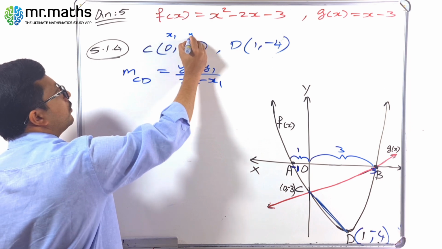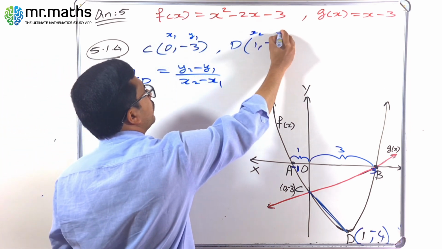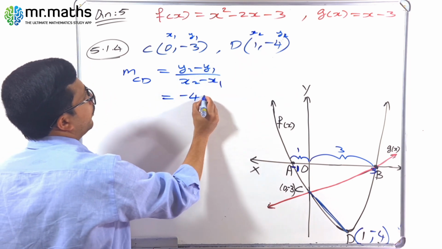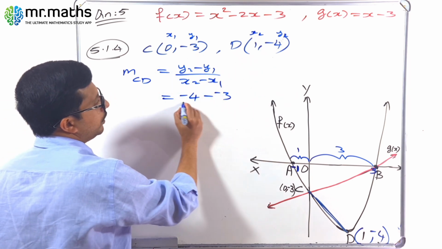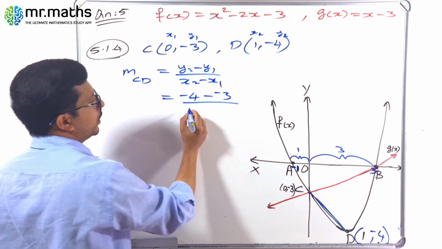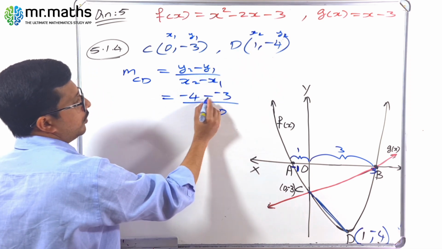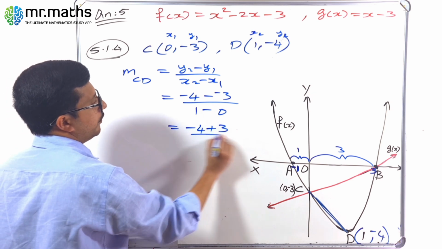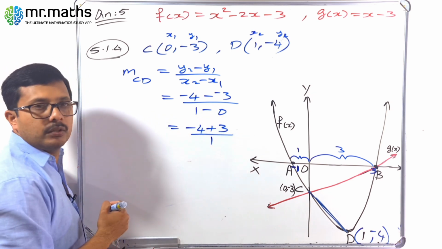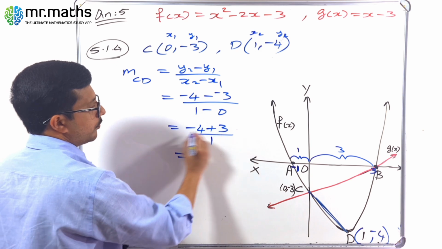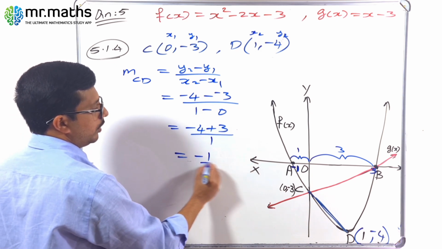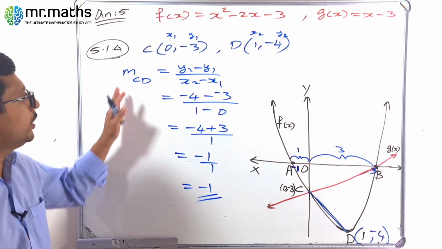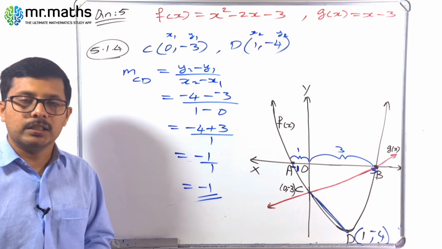So y2 is minus 4, minus y1 which is minus 3, divided by x2, which is 1, minus 0. Minus minus is plus, so it is minus 4 plus 3 divided by 1 minus 0, which is 1. Minus 4 plus 3 is minus 1, divided by 1. That is minus 1. So the average gradient between C and D is minus 1.